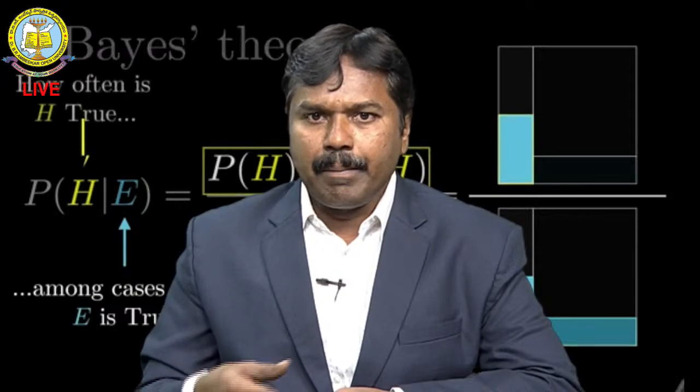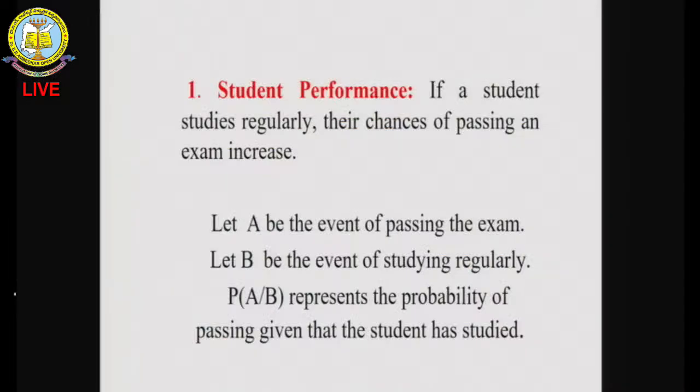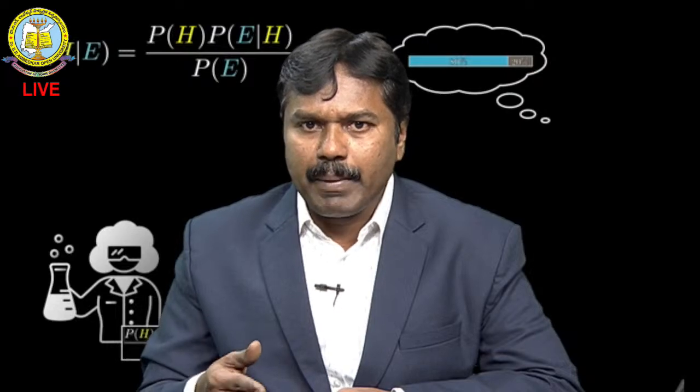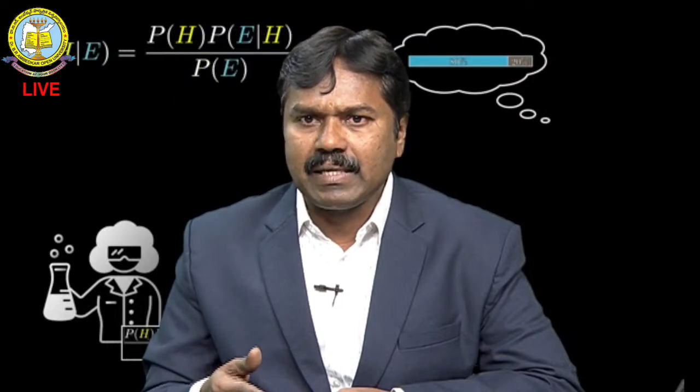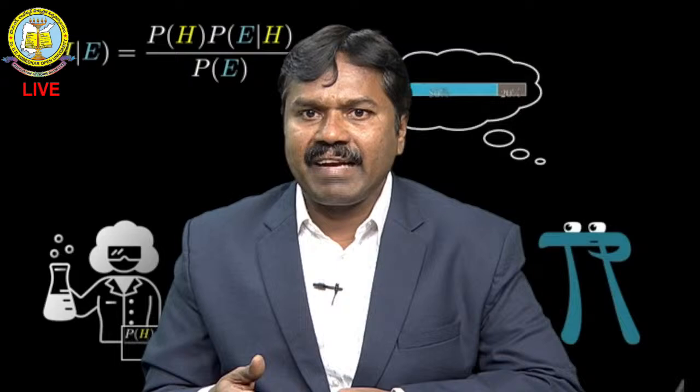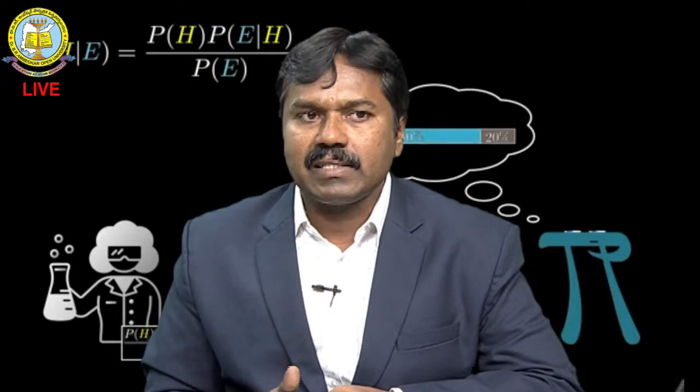That means B event is already occurred. Then we can represent this as probability of A given B. Which event is already occurred? B is already occurred. So, probability of A given B represents the probability of passing given that the student has studied. This is one example.